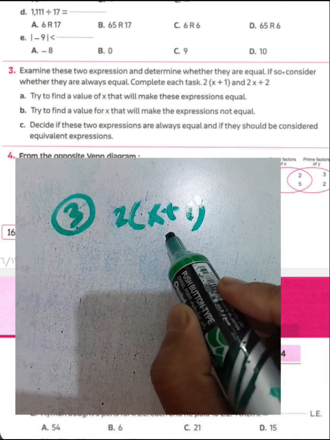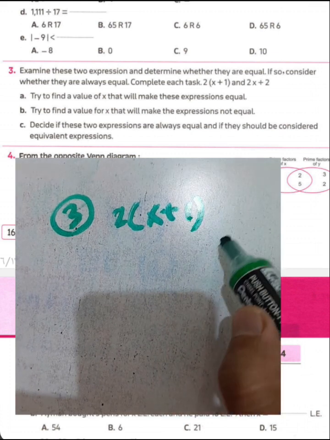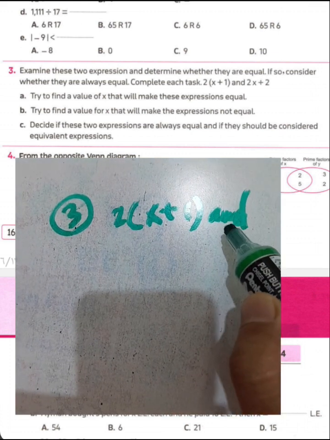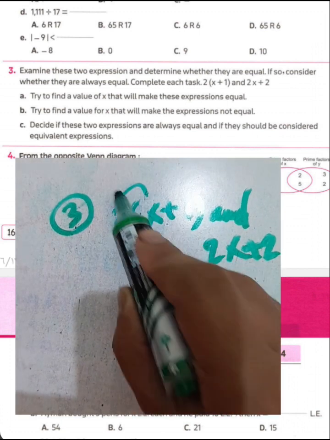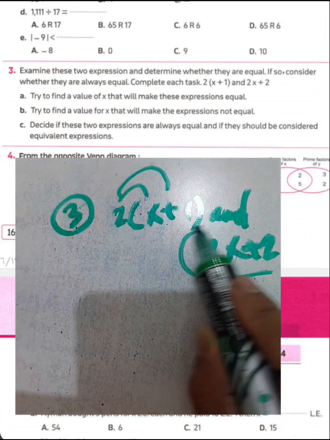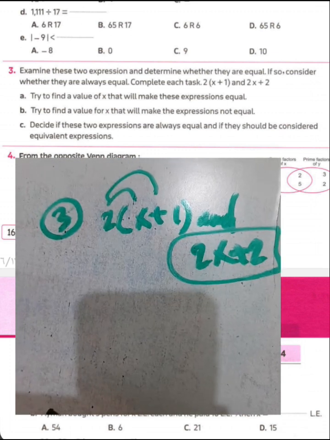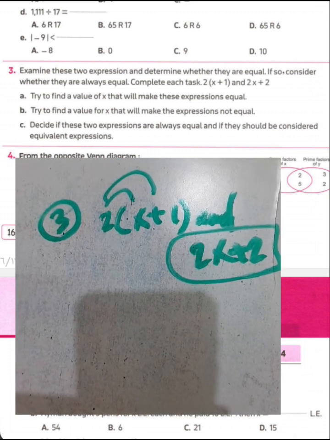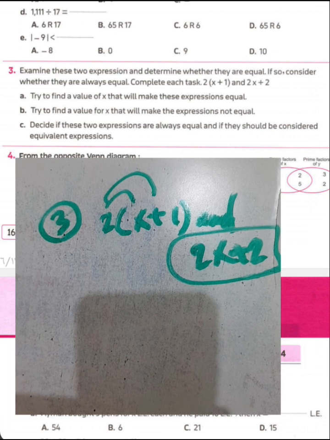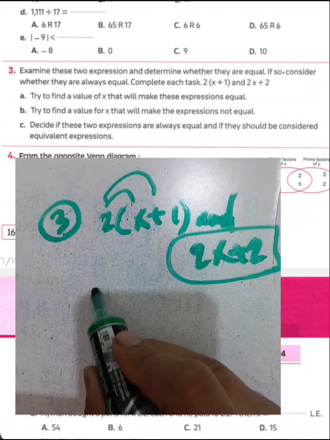We must put x equal 1, 2, 3, 4, and so on to find the equality. If we use distributive properties about this expression, 2 times x equal 2x and 2 times 1 equal 2. Okay, we can find the value of x of this expression.